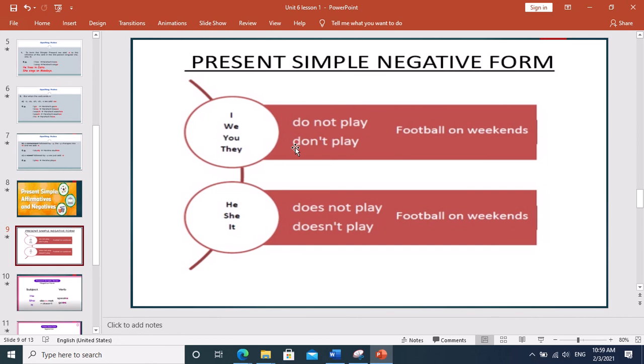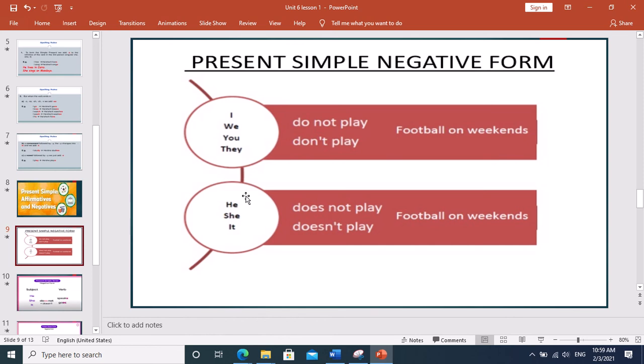With I and we and you and they, and we said these are plural personal pronouns, we are going to use in a negative form of a present simple, don't play.